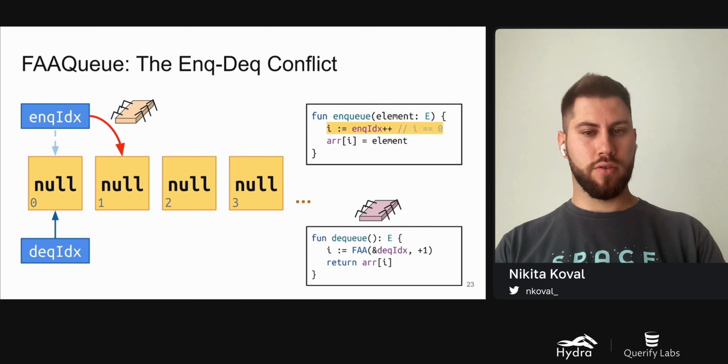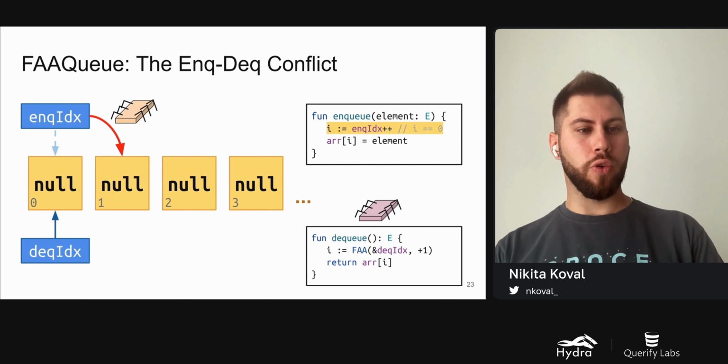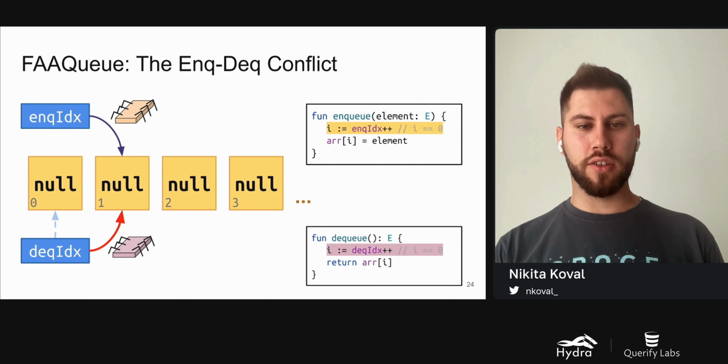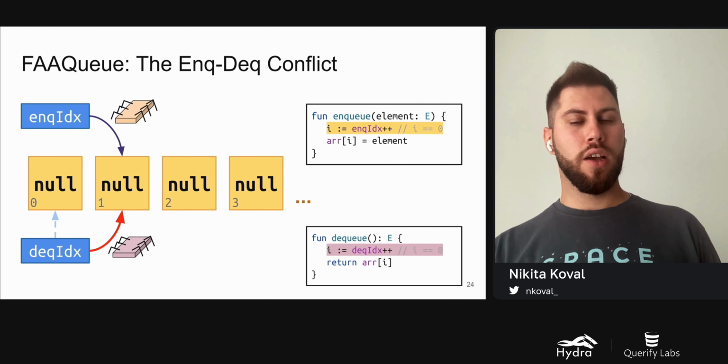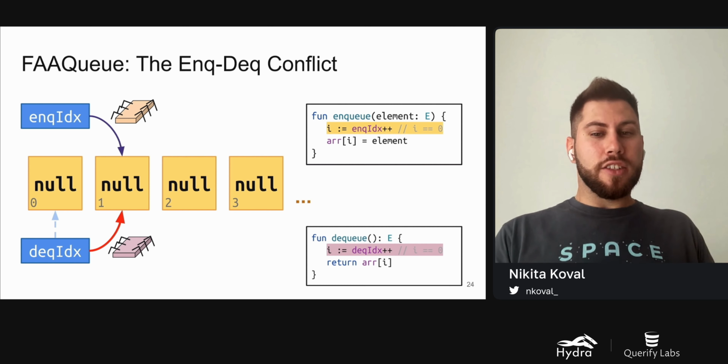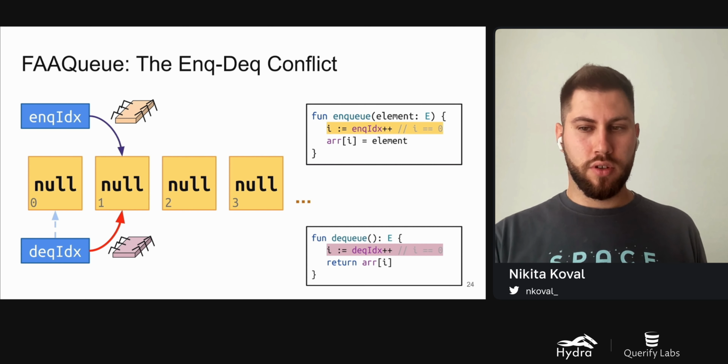And if after that dequeue comes to work on the same slot, so dequeue increments the dequeue index, so now it should work with the array cell 0 as well, but this slot is empty.